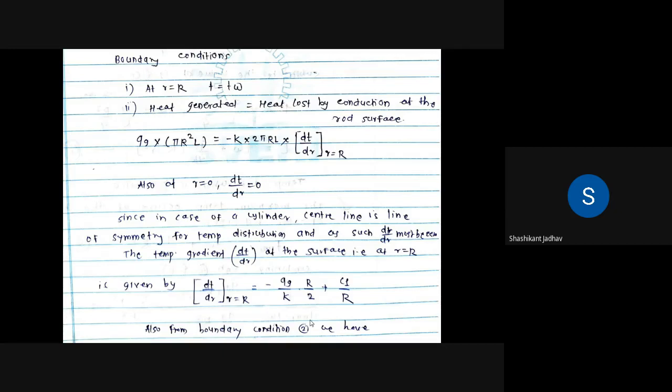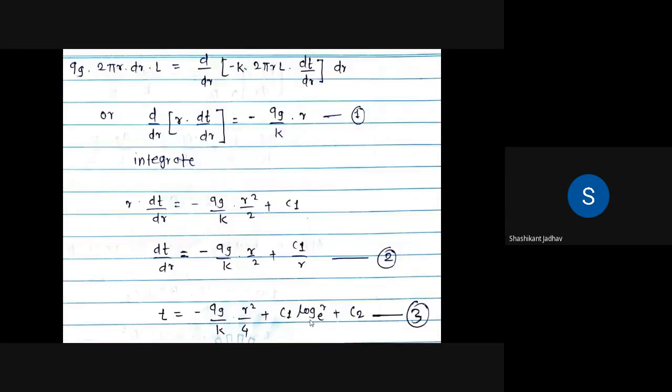So see where this equation comes from. We have already written the equation dT by dr. So this is equation number 2, dT by dr is equal to minus qg by k into r by 2 plus c1 by r.